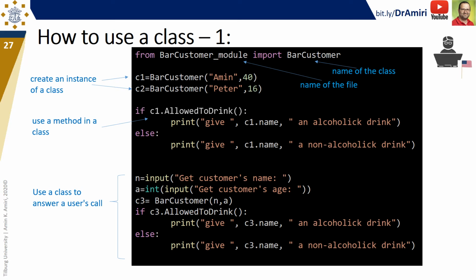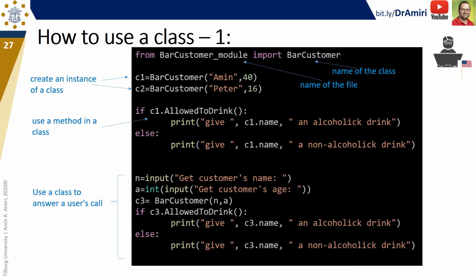Of course, the American can also use a class to answer a user's call as well. In this case, you can see that an input is given by the user and stored. The name is given by the user and is stored in n. Then the age is given by the user, turned into an integer and stored in a.